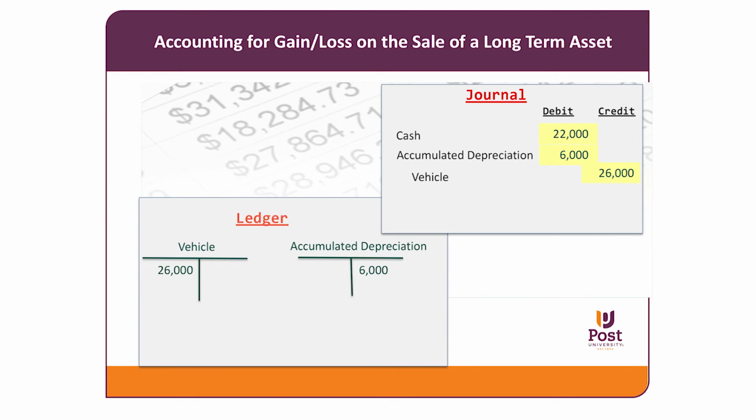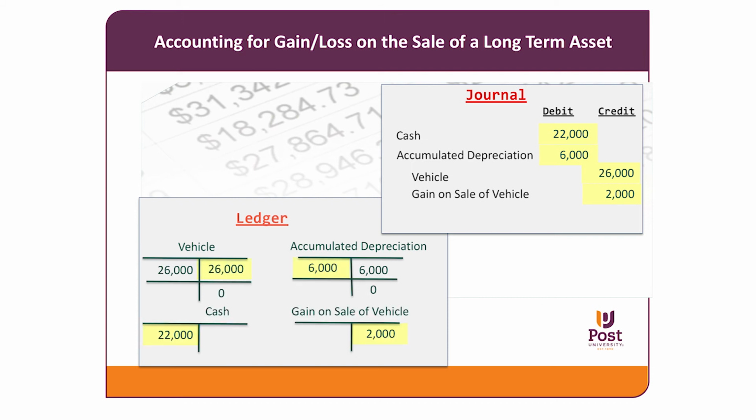The difference is a $2,000 gain on the sale of the vehicle. This is income and will show up on the income statement as revenue. If it was a debit, it would be a loss on the sale of vehicle and be an expense. After the recording of the journal entry, I would post the amounts to the ledger. Remember, the gain on sale of a vehicle account is a revenue account.